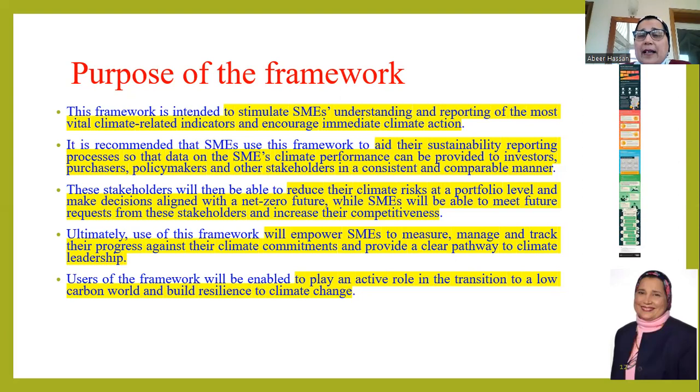Anything that is against nature, or has a negative impact on the environment, they will not provide loans for, etc. I think the same concept will be transferred to the SMEs.